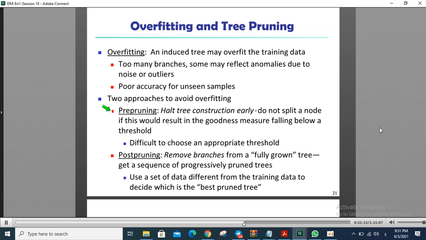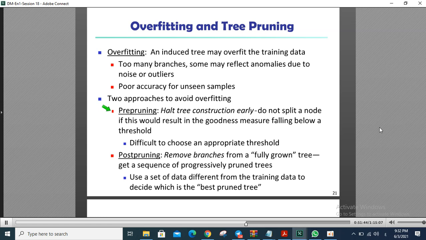In this case, I have to choose a threshold and calculate the goodness of partitioning for a node.